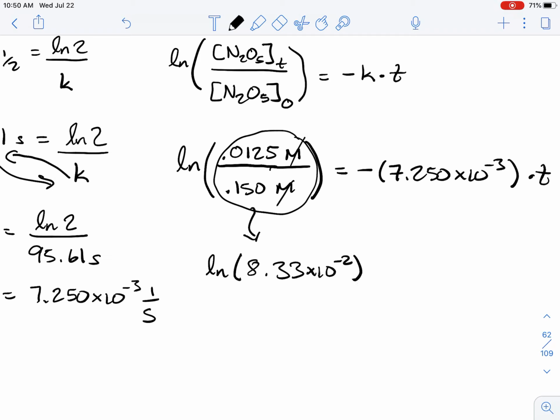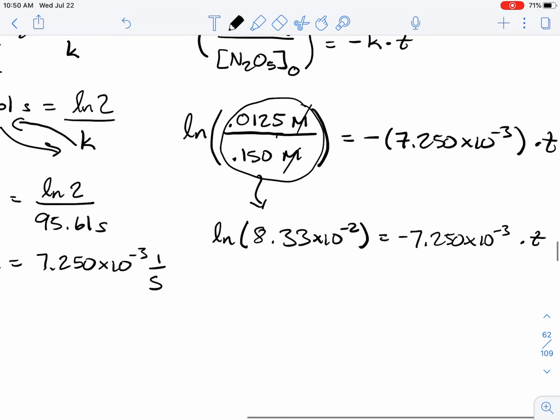So notice how I'm trying to record the correct number of sig figs. And then that's going to equal negative 7.250 times 10 to the negative 3 times T.